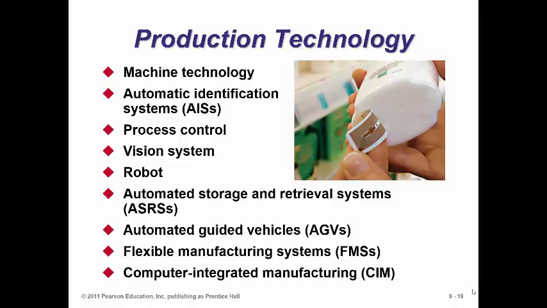So automatic identification systems, I mentioned a little about that. RFID is pretty powerful. Barcodes are good, but they don't have the power of an RFID where you can scan at a distance. Vision systems, process control type stuff, robots, storage retrieval, automatic guided vehicles.